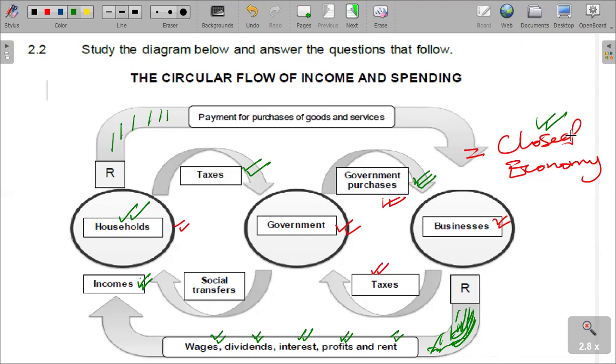We basically have three participants, which I want you to see: one is households, two is government, and three is businesses. Those are our three participants in the economy.